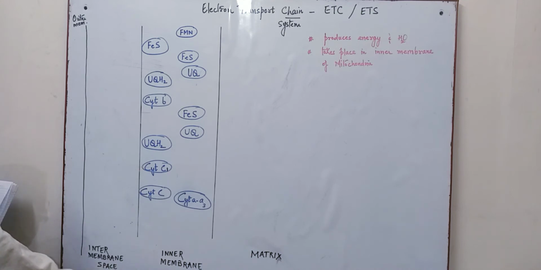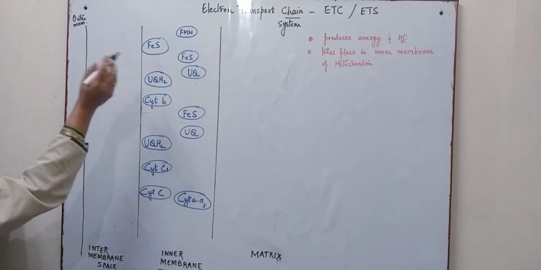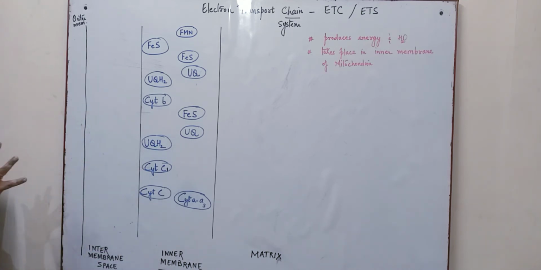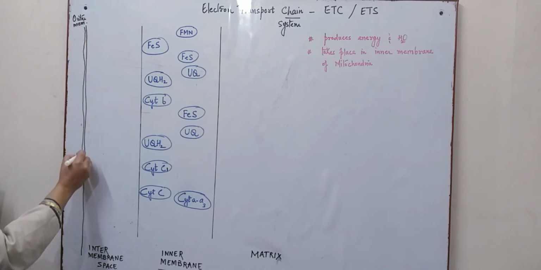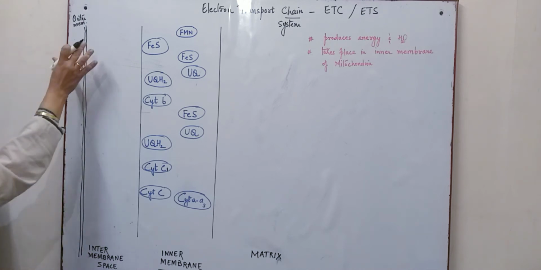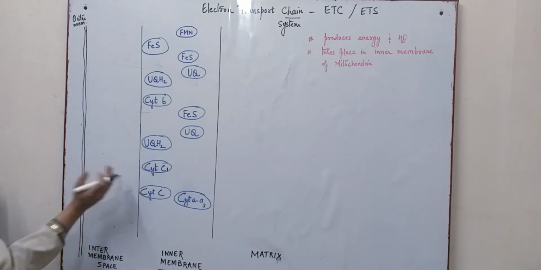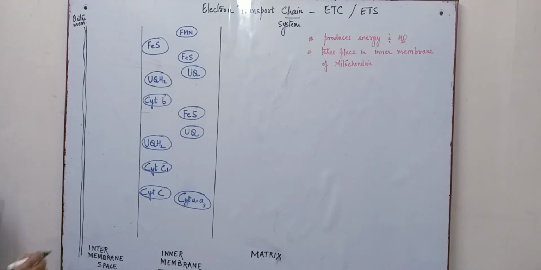And this inner membrane is the site of electron transport chain, or the place where actually the transportation of electron is taking place. This is the outer membrane, and the space between the outer membrane and the inner membrane is known as intermembrane space.